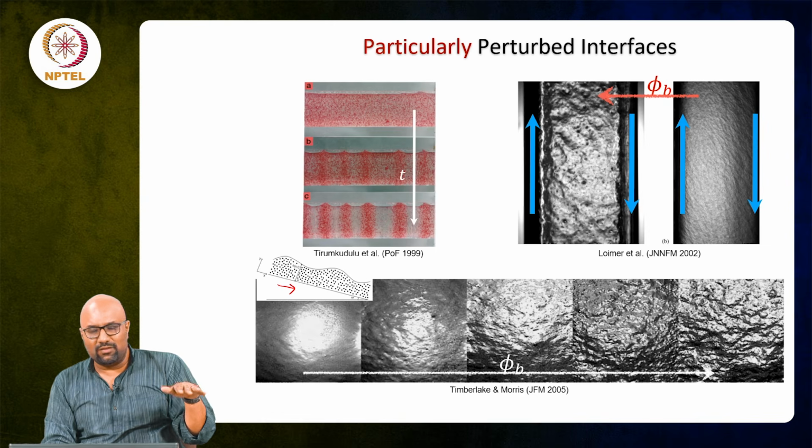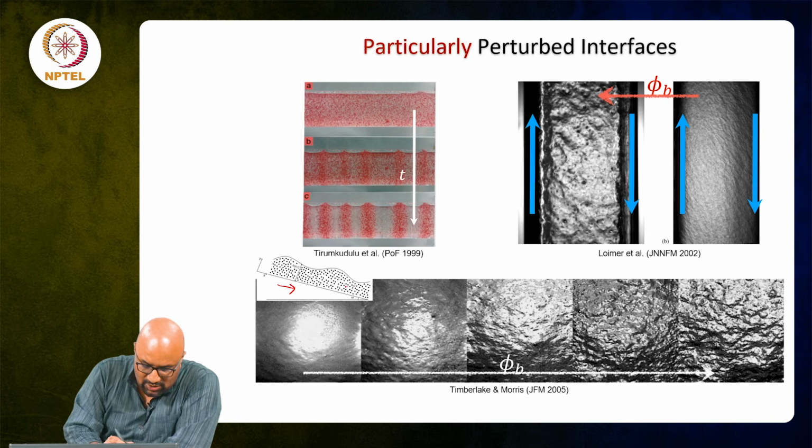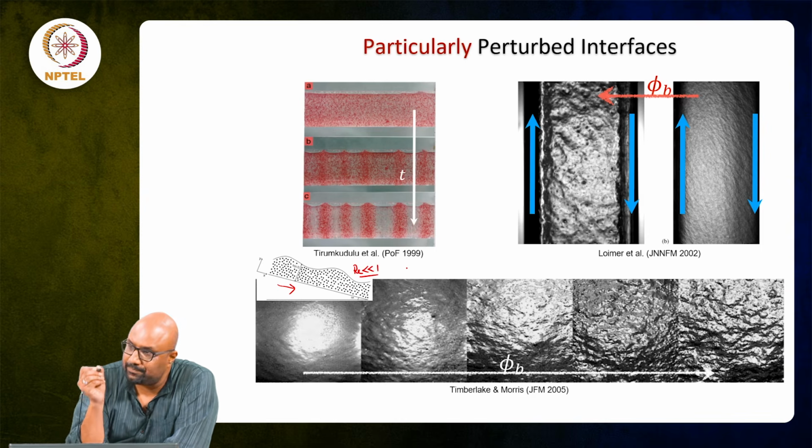You will observe in such scenarios there will be waviness on the surface, but typically the Reynolds number at which this waviness comes up depends on the inclination, and for the experiment that was tried out, the Reynolds number here was extremely small.